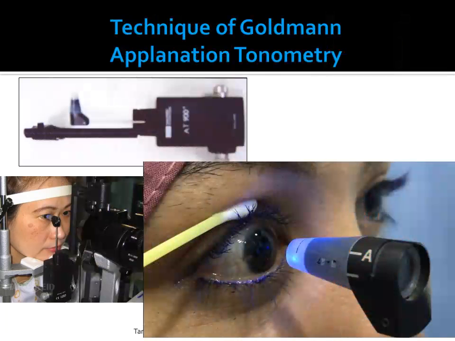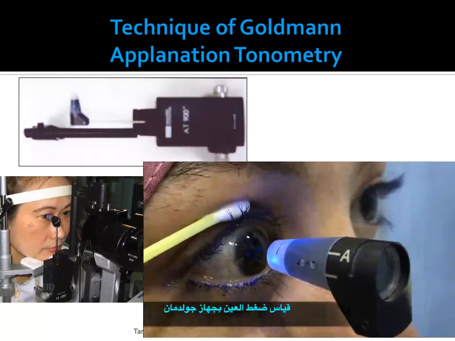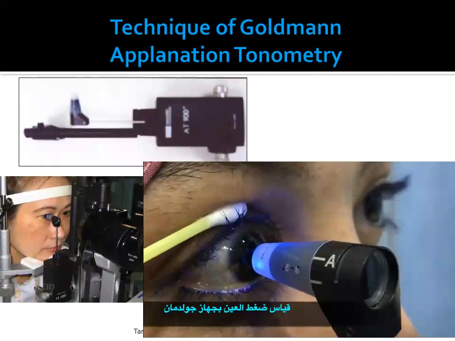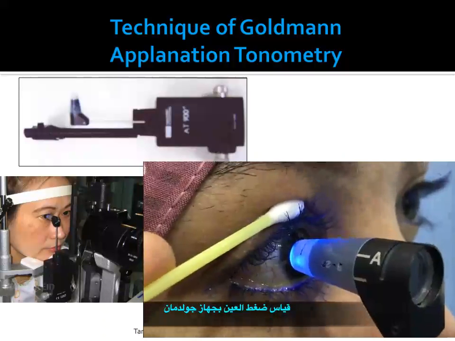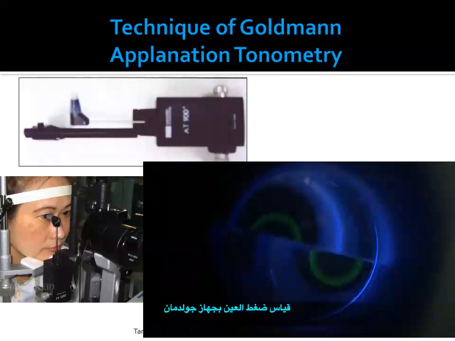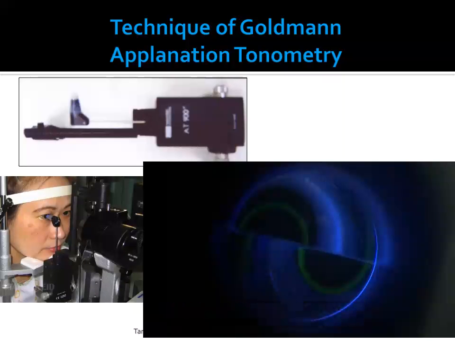Another example is the Goldmann applanation tonometer, and this is a machine which is mounted on the slit lamp where a cone touches the eye and applanates a small area of the cornea, and you can see we're using cobalt blue light, and this prism will touch the cornea and applanate a small area of the cornea. When we look through the slit lamp we will see two semicircles like this, and when the inner edges touch, we consider this a balance and we can have the reading for intraocular pressure.